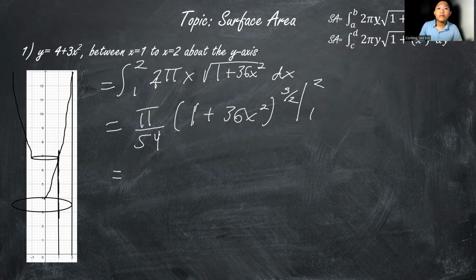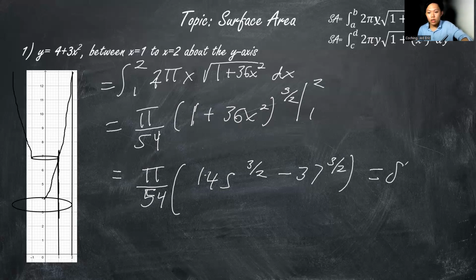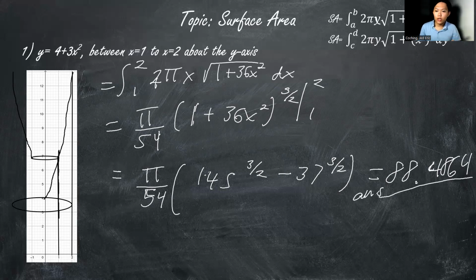So it will become pi over 54 times, if we use the calculator, 145 to the 3 halves minus 37 to the 3 halves, which is going to become 88.484864, and this is the answer for the surface area.